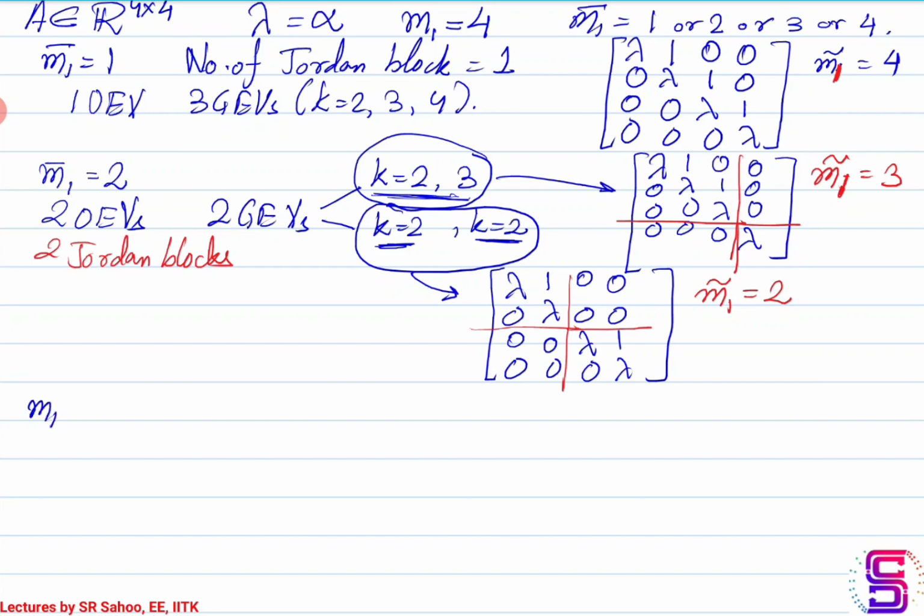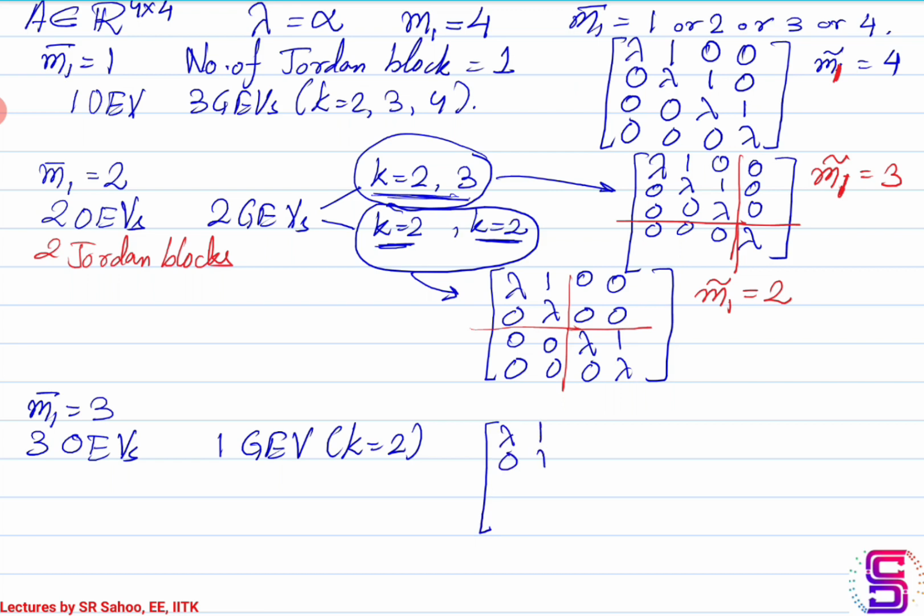When M1 bar is 3, you have 3 OEVs and 1 GEV, and this GEV will be of grade 2, which can come up from either of the OEVs. Okay, will come from either of the OEVs. So this indicates that the Jordan block is going to be of this form.